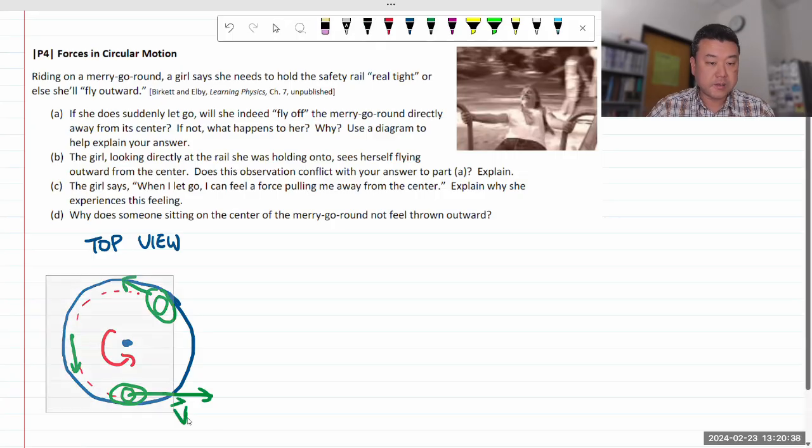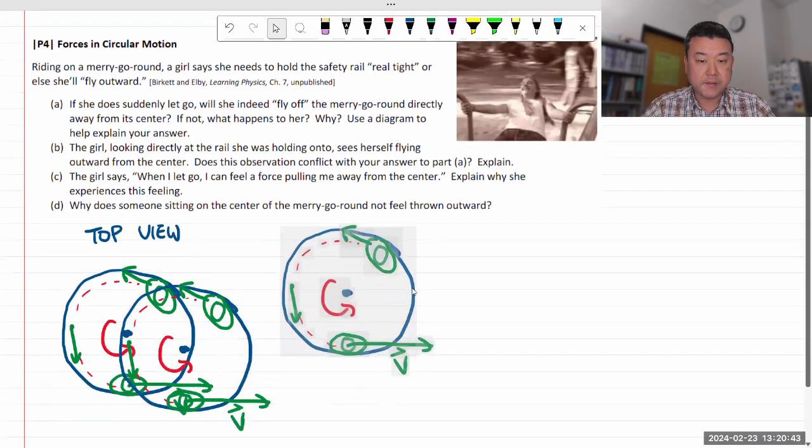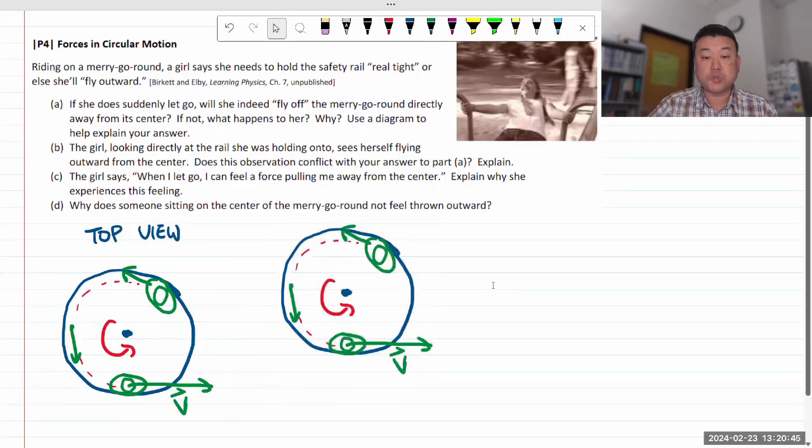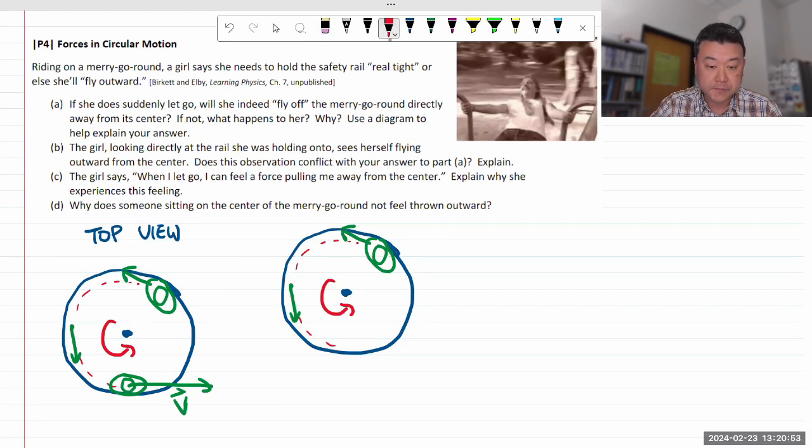Imagining taking this picture, if she were being pulled away, if she flies off directly away from the center, then at some moment in time she'll be here, and she'll be flying off in this direction. So maybe at the beginning she starts off slower, but then later she's moving faster.